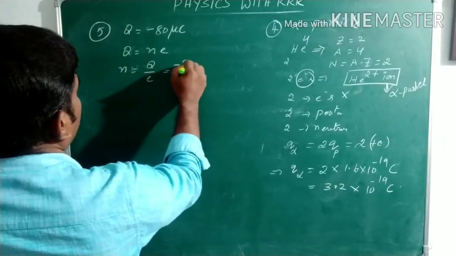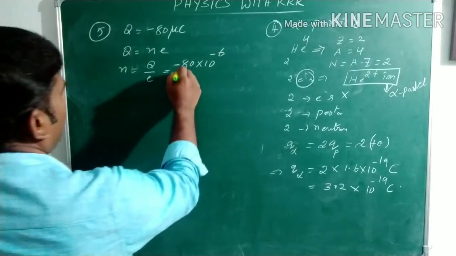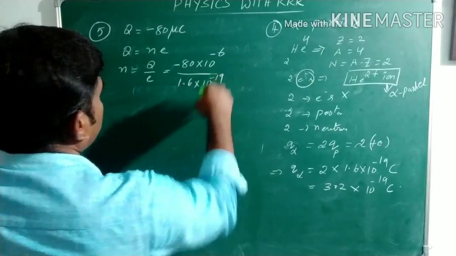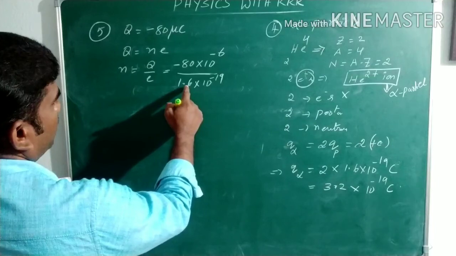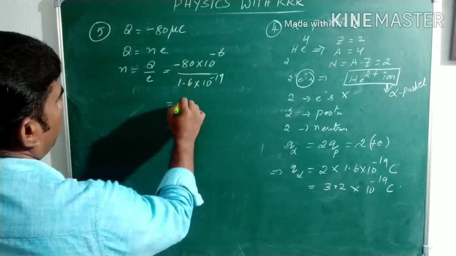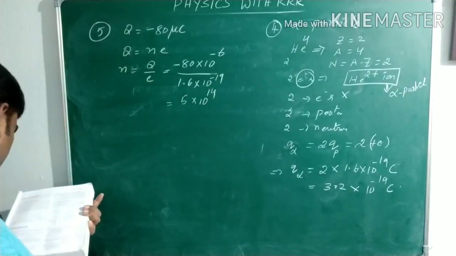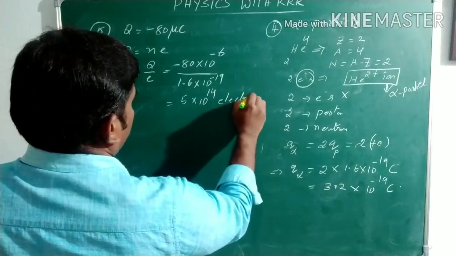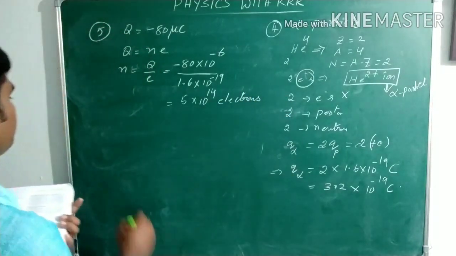Q is minus 80 into 10 power of minus 6 divided by 1.6 into 10 power of minus 19. This gives 5 into 10 power of 14 electrons.